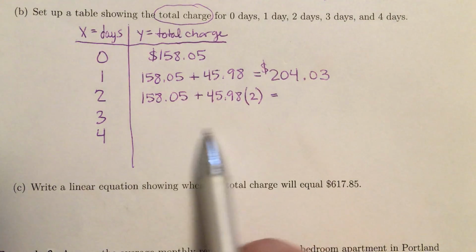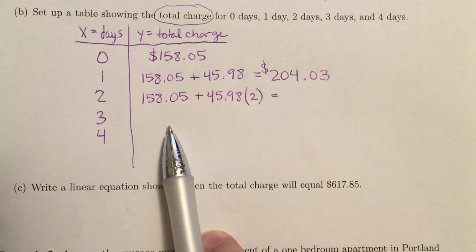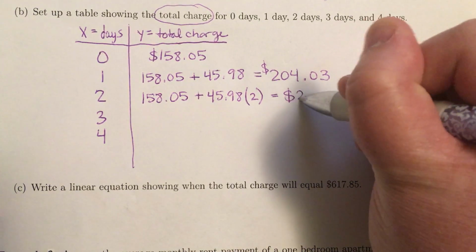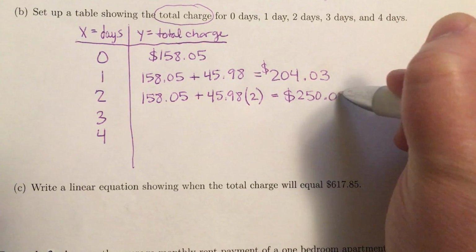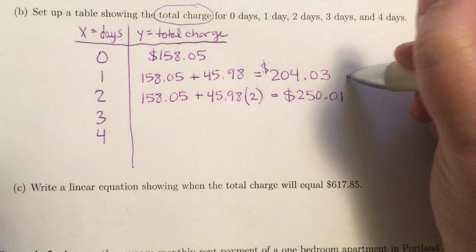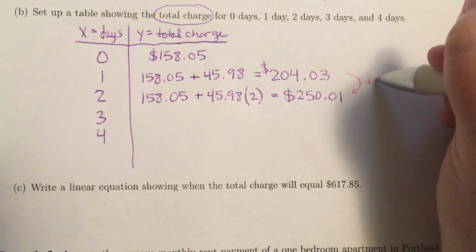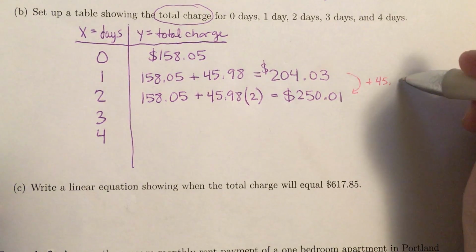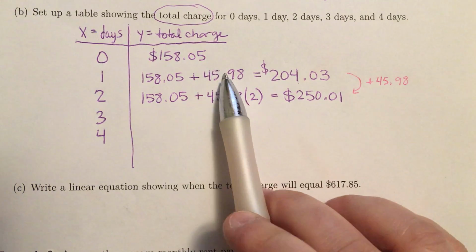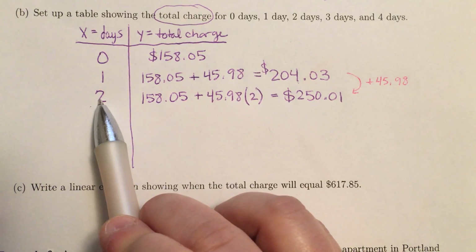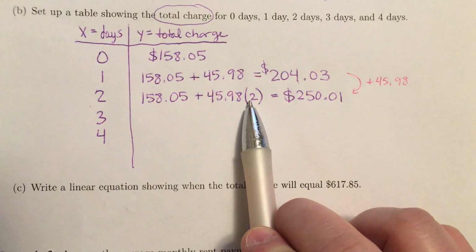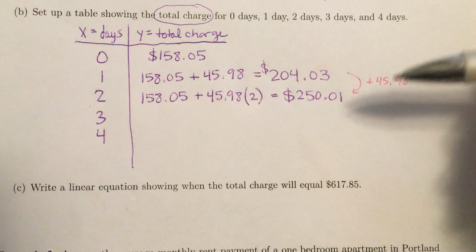And again, this is a calculator problem. You don't have to try to do this by hand. But when I put this in my calculator, I got $250.01. Now basically, all that happened is that I added another daily charge of $45.98 to get from here to here. But I also want us to see how this number of days plays into this charge, so I don't have to always make a whole table.